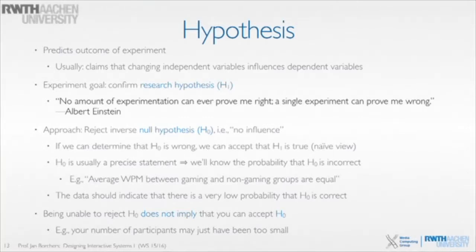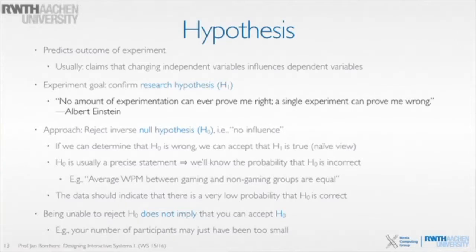And Einstein said, no amount of experimentation can ever prove me right, but a single experiment can prove me wrong. So we have to be aware that we cannot completely, without question, prove the hypothesis. We can just show that the inverse of the hypothesis, the null hypothesis, is not true.